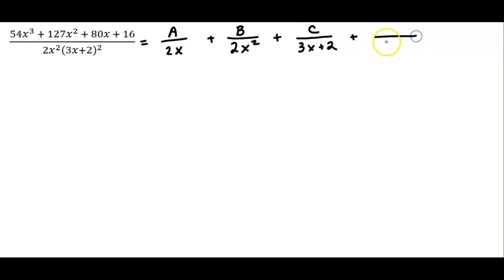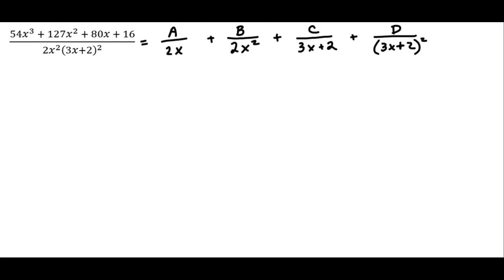And then finally, it's a 3x plus 2 squared. That's also the linear factor repeated, so that's just going to be a d up there. But I guess what I'm trying to point out is that constant of 2, well, where do you want that 2 to be? And you're going to see what happens as we go through this problem.